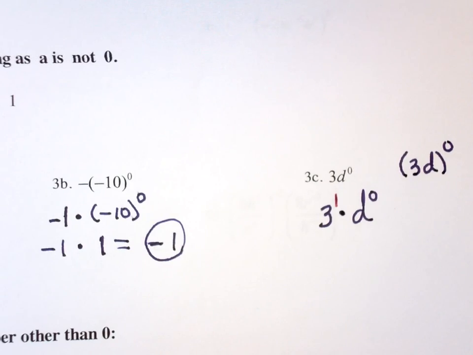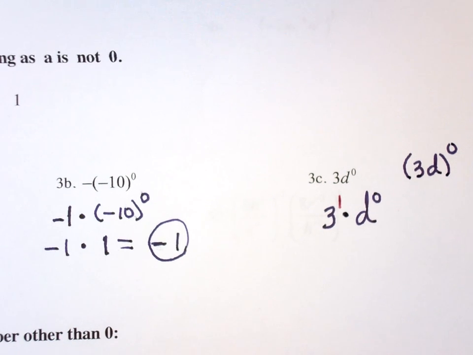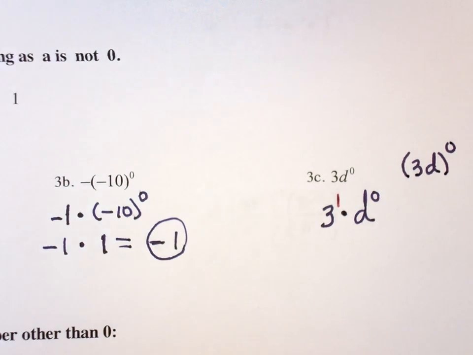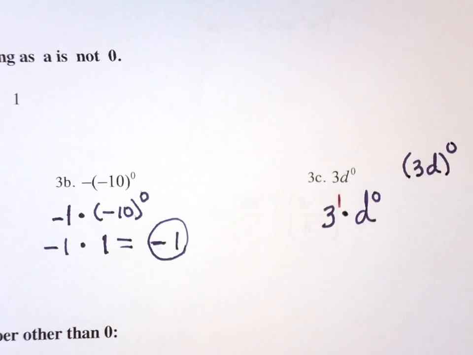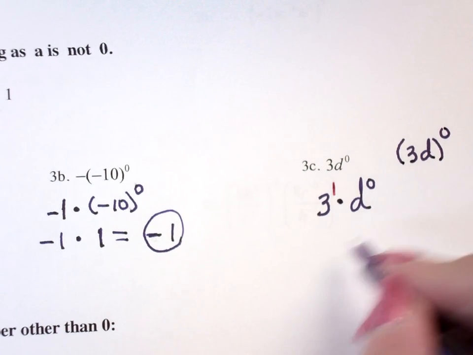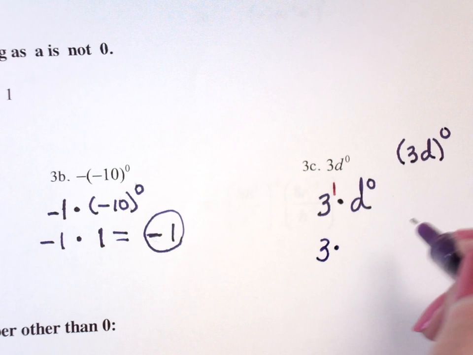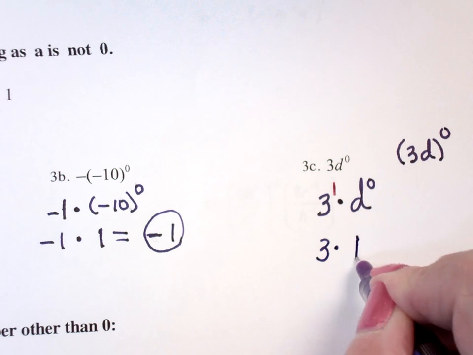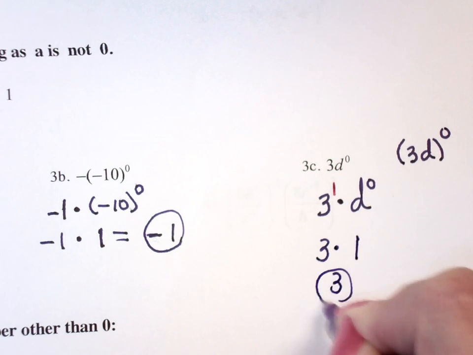That would say the 3 and the d are both raised to the 0 power. What forces that to occur? The parentheses. So then this says it's 3 times, what's d to the 0 power? 1. And my answer is 3.